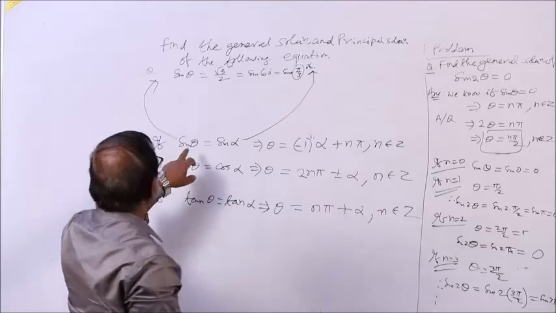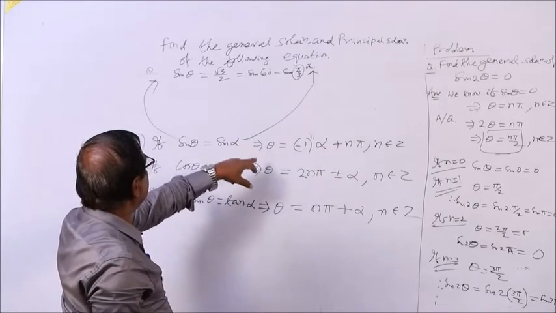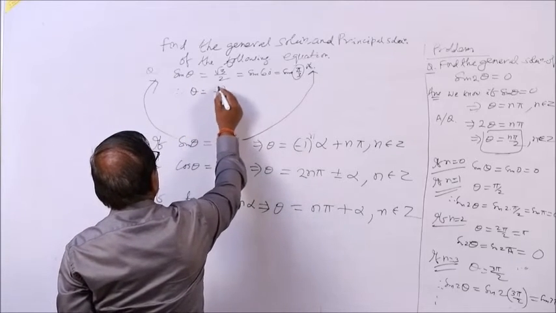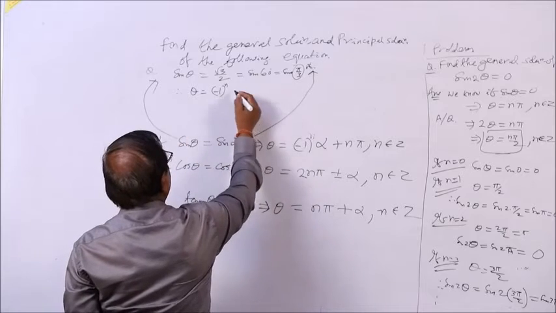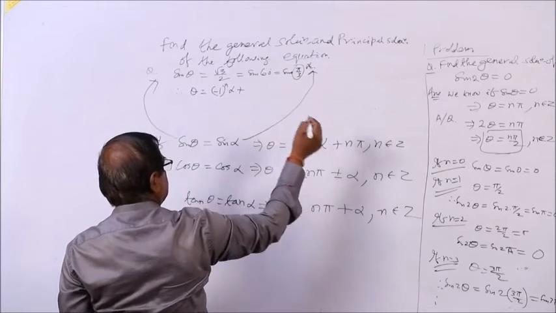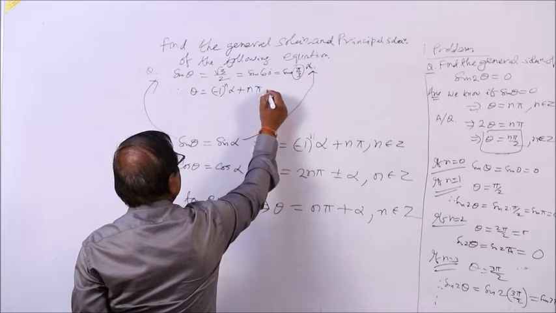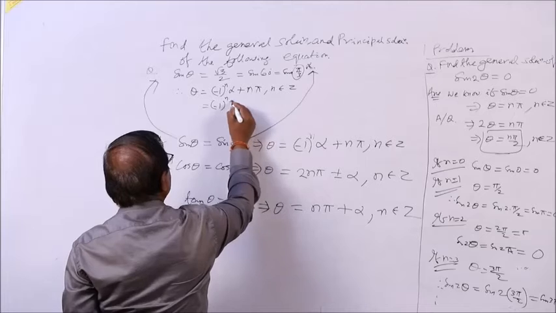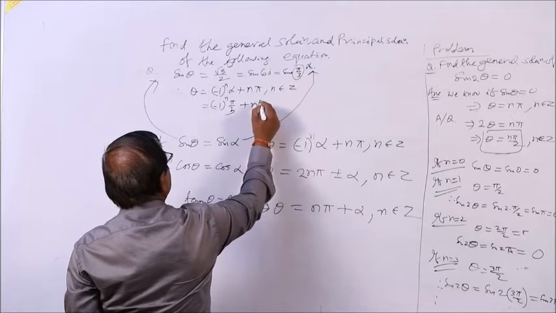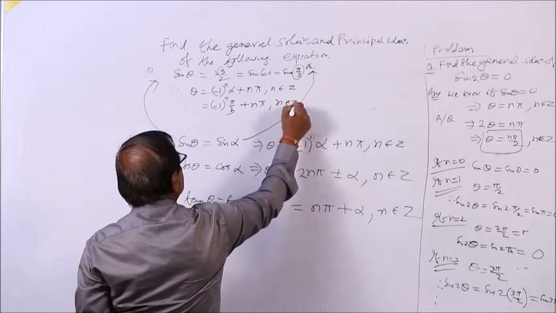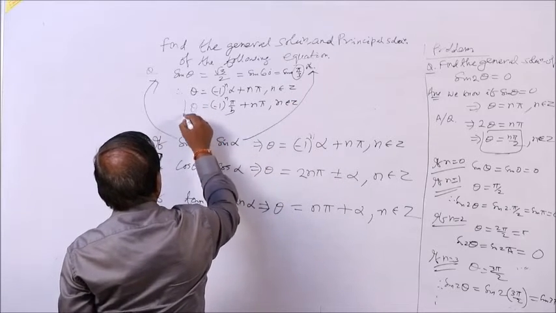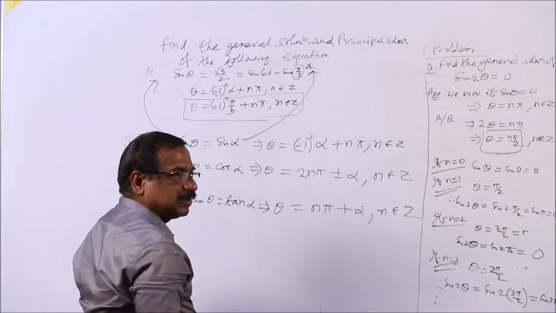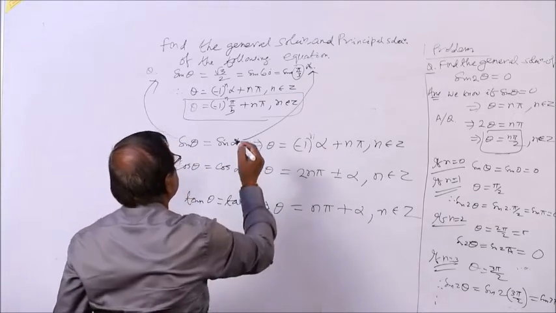If sin theta is sin alpha, therefore theta is equal to minus 1 to the power n alpha plus n pi, n belongs to Z. That is, minus 1 to the power n, alpha is pi by 3, plus n pi, n belongs to Z. This is the general solution.